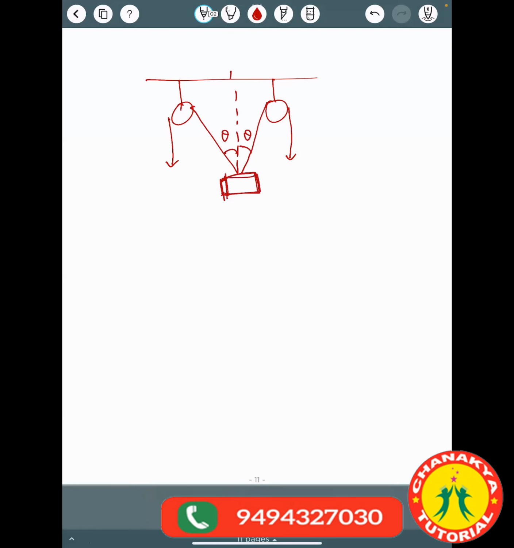See, we are pulling both the strings in both directions with U, and the block is moving up with V. Tell me the relation between V and U. Fast. Use the same concept that I told you.